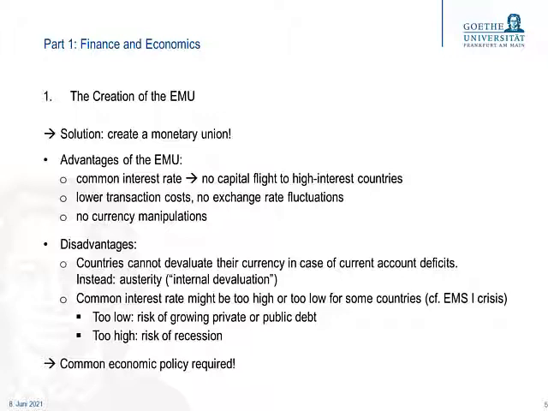I think more than 10 years into the Eurozone crisis, that almost goes without saying. What are these risks? Countries cannot devalue their currency in case of current account deficits. What does that mean? If you're buying more products abroad than you're selling to other countries, you need to make up for the difference by taking in loans.